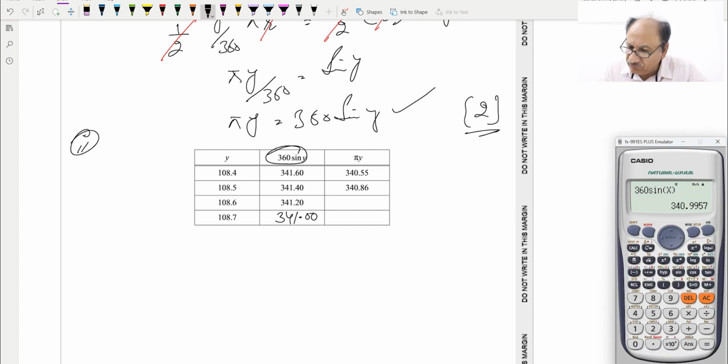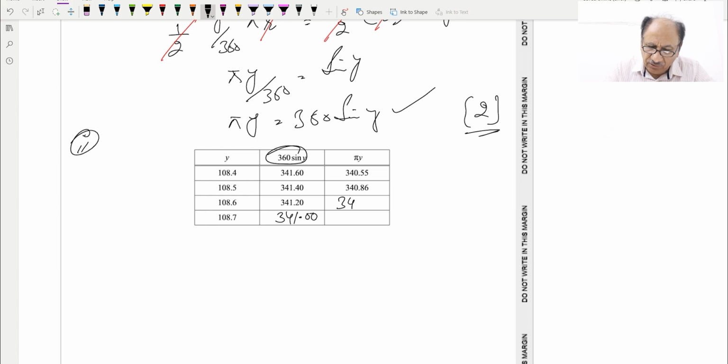Then for pi y, we can take similarly pi times x and change the values of x. So calculate for x is equal to 108.6, and this will give us the value 341.18.